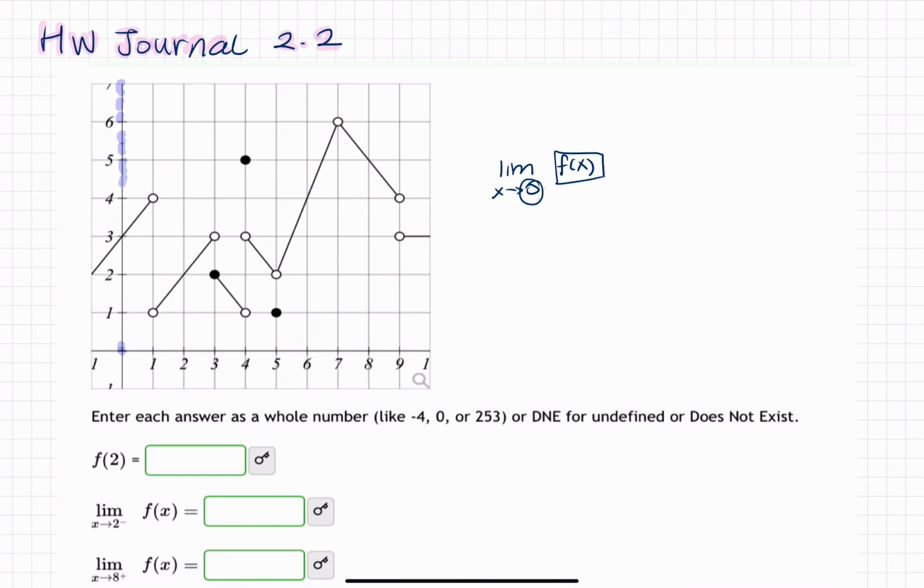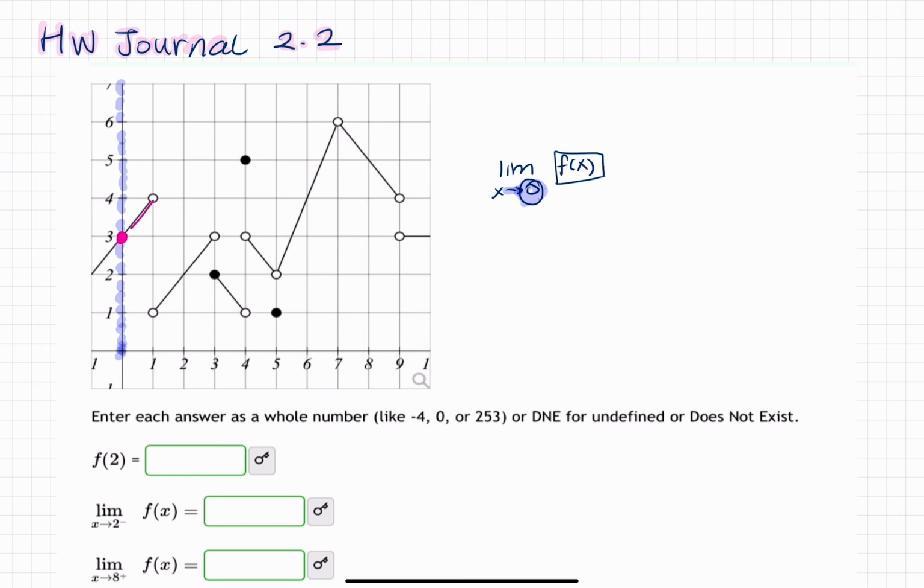Let me highlight the line. As we can see, here is a line cutting through it. When x is going towards 0, we're looking for where the line has been cutting off. It's pretty simple through our graph. It's right here, as we can all see.